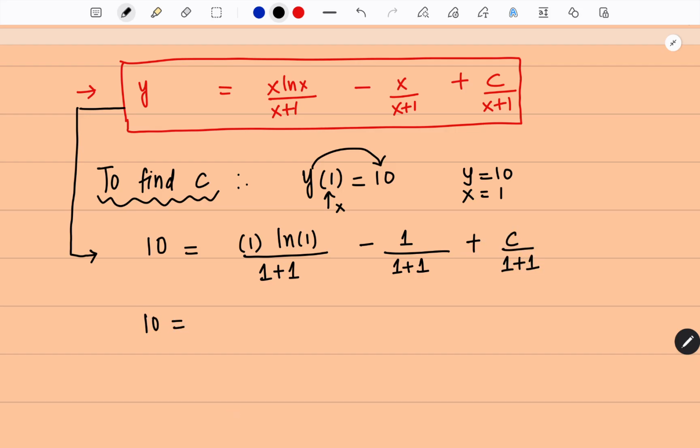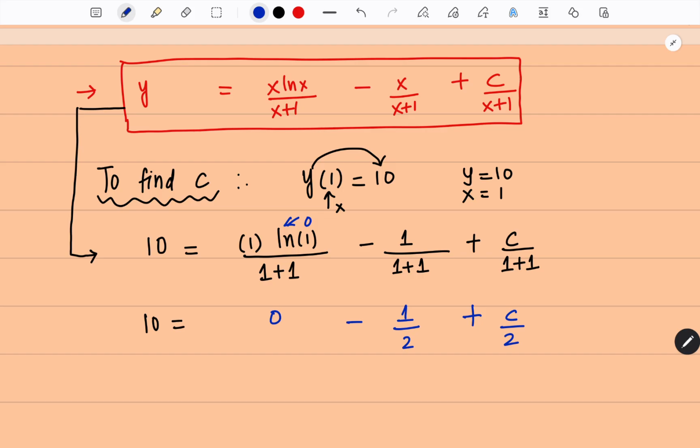Put ln 1 in the calculator, it is 0. Are you sure? Yes, because ln 1 is 0. Minus 1 divided by 2, and plus c divided by 2.